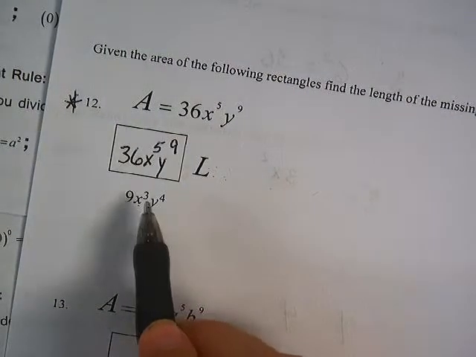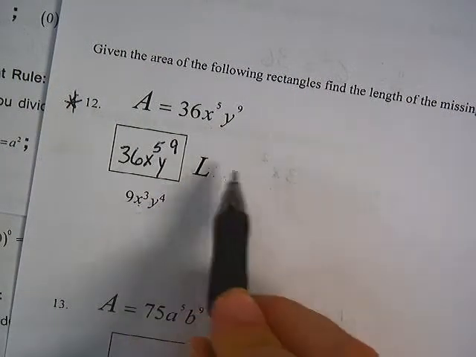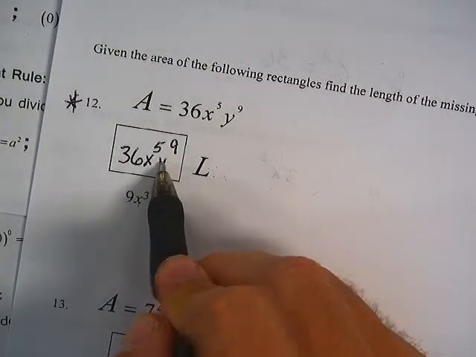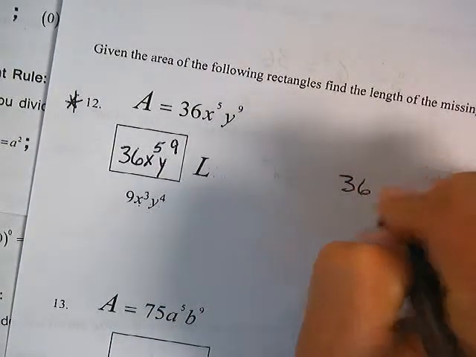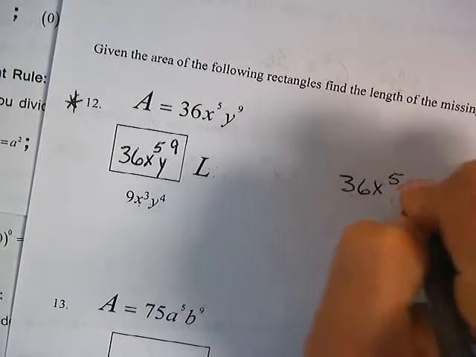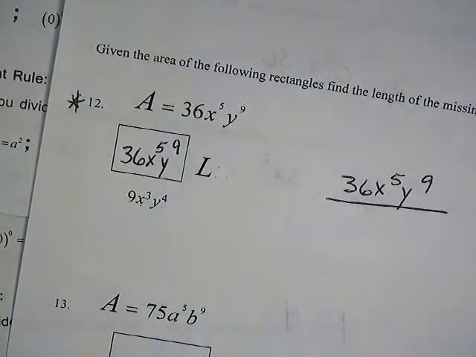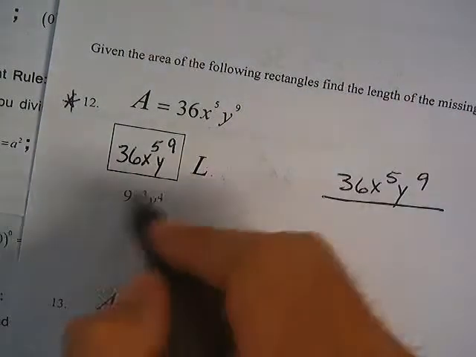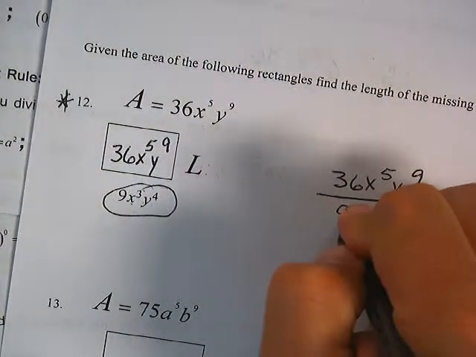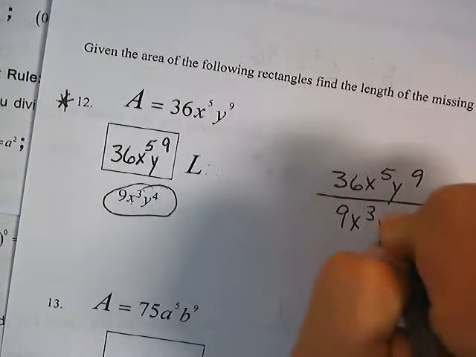If we multiplied, we would divide the total. So we have 36 x to the 5th, y to the 9th, and divide it by what? By this right here, 9x to the 3rd, y to the 4th.